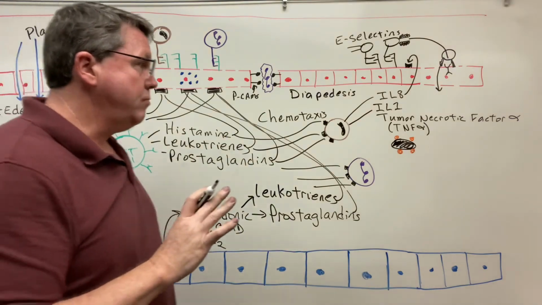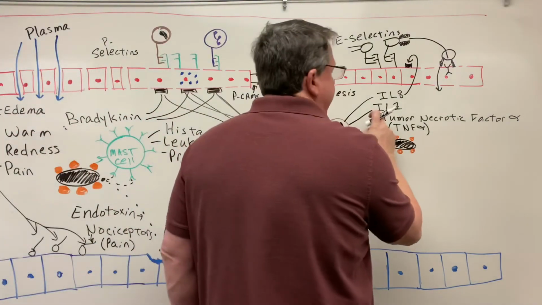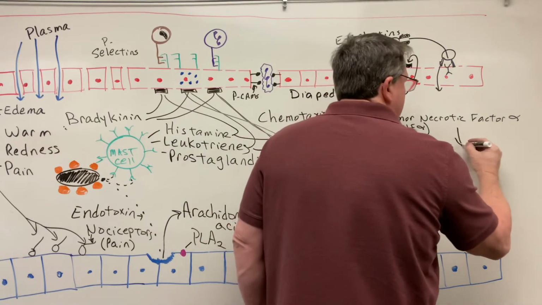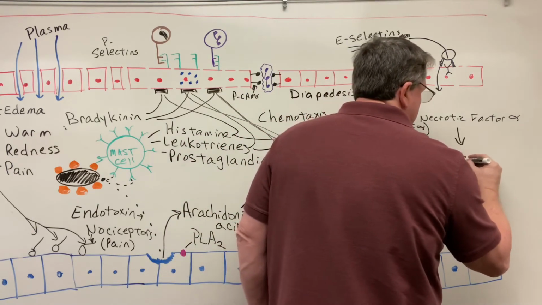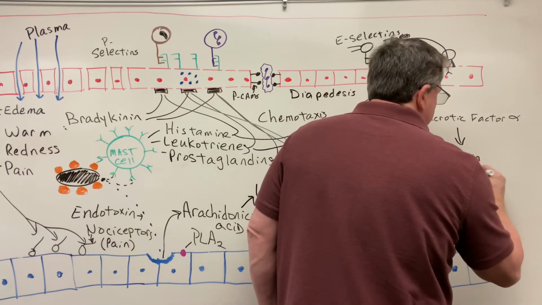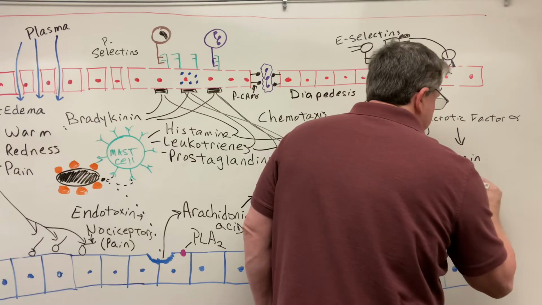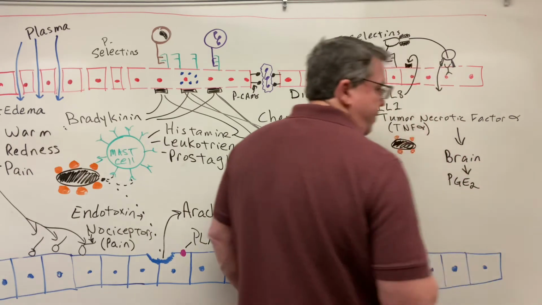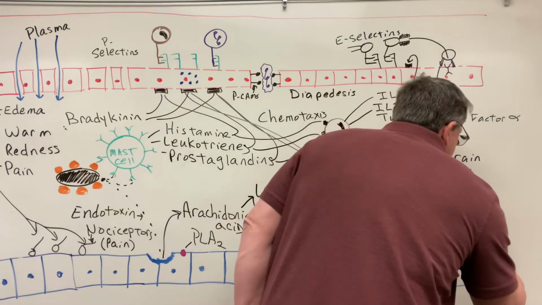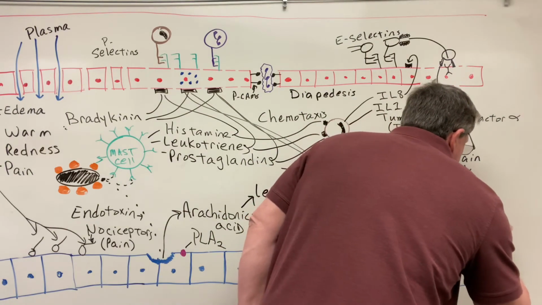However, the other thing that tumor necrotic factor and interleukin 1 are going to do is they are going to go to the brain. And when they go to the brain, they are going to cause the release of something called PGE2. PGE2 is going to create a fever.